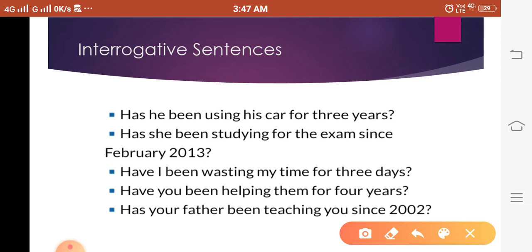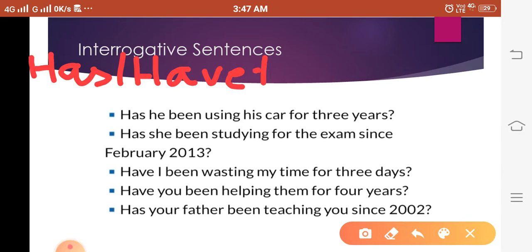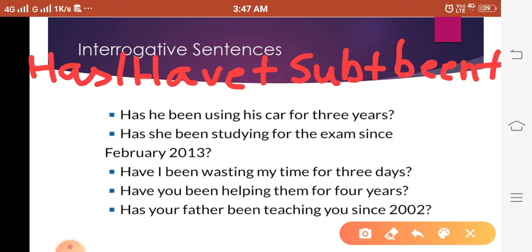So first we use auxiliary verb, which is has or have, plus subject, plus been, plus fourth form of the verb, which is present participle form, which is made using first form of the verb plus ing. For example, swim plus ing, swimming.